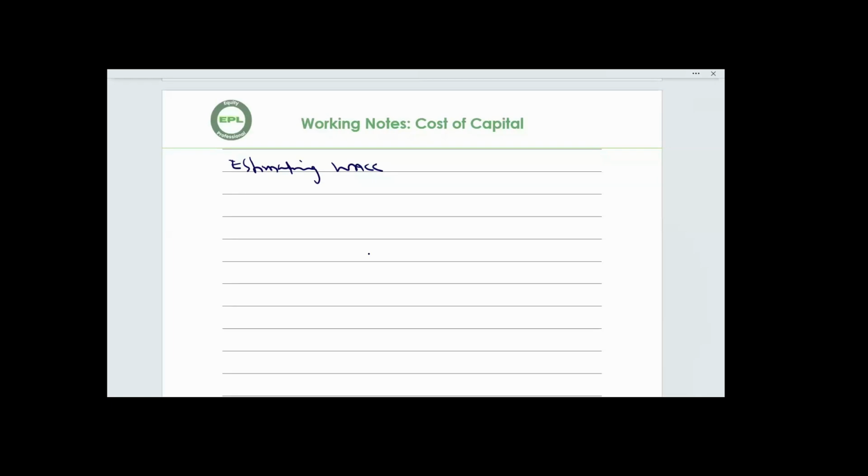However, when you now want to calculate the traditional WACC, you can either use market value method or you use book value method. Let's put it down.